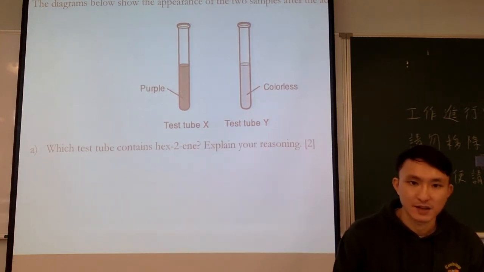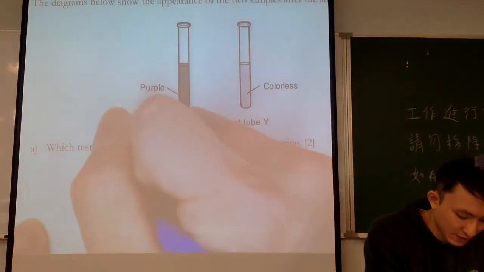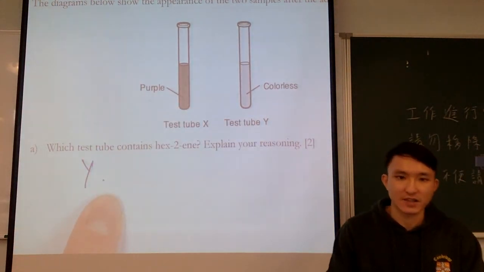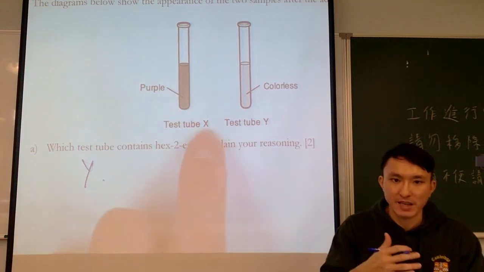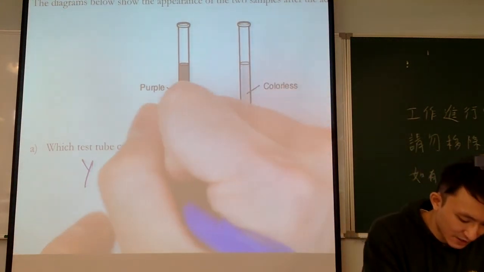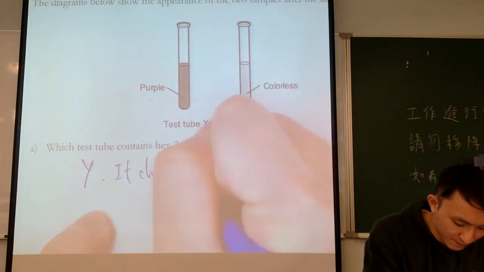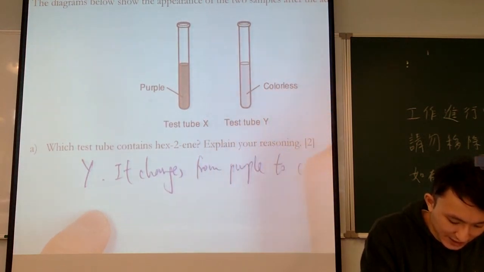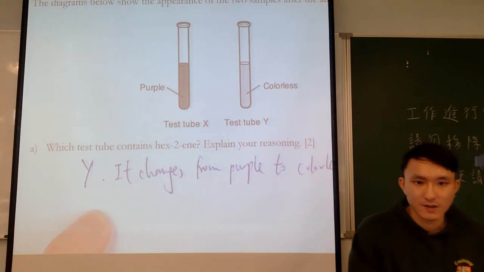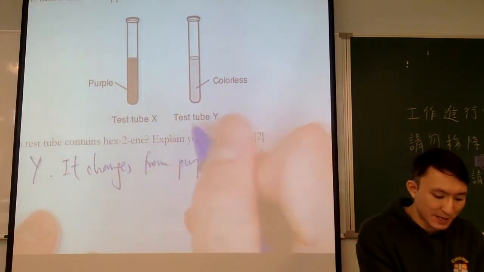Explain your reasoning. So of course, test tube Y will contain the hex-2-ene. So you need to explain why. First of all, we explain based on the observation because it changes from purple to colorless. Okay, but still you need to explain.